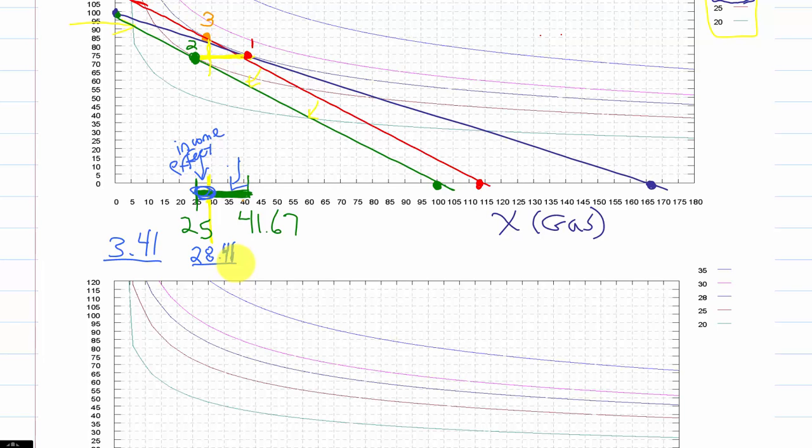So 41.67 minus 28.41 is 13.26. So the 3.41 is the income effect. The remainder of that 16.67 change, 13.26, is the substitution effect. And when you add those two together, you need to get the entire change, 16.67.